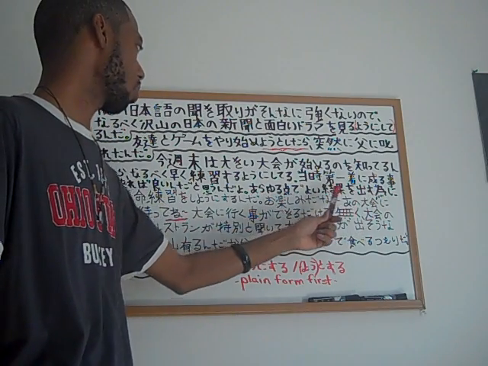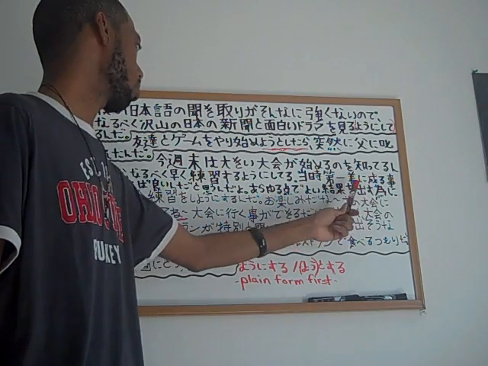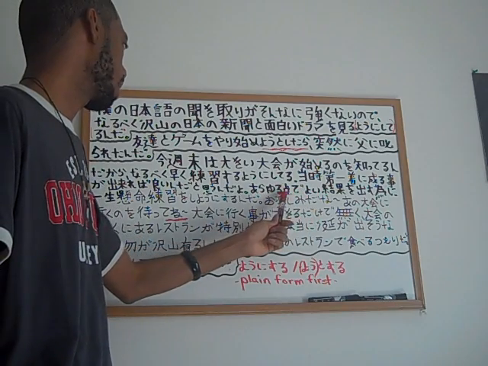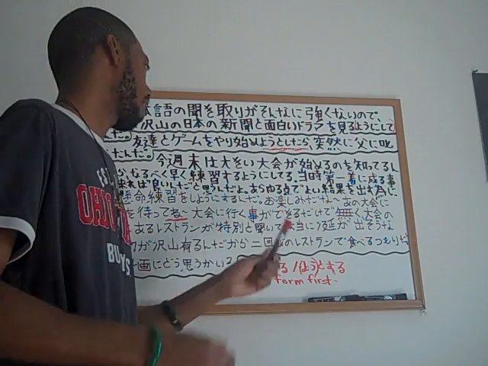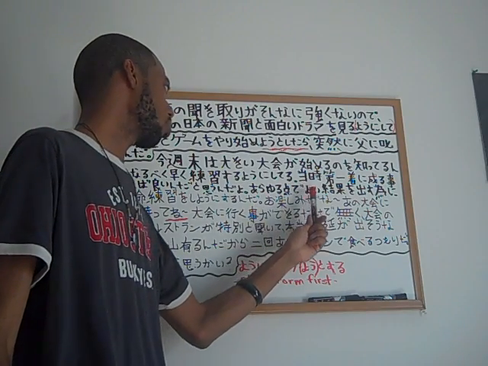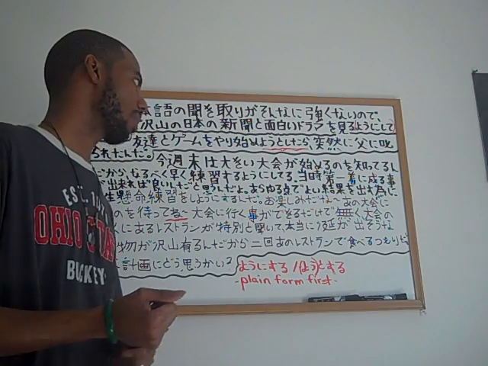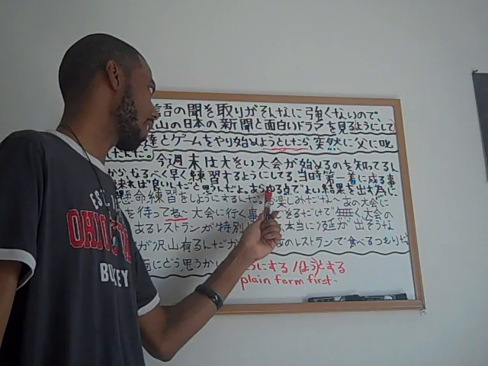So for these good results to come out, okay, 良い結果を出すために, for the results to appear. And あらゆる点で, I don't know how to explain this あらゆる点で. To be honest with you, I learned this あらゆる点で良い結果を出すために together. It was like in a phrase. A long time ago, I learned it together. So I don't really know how to explain あらゆる点で.